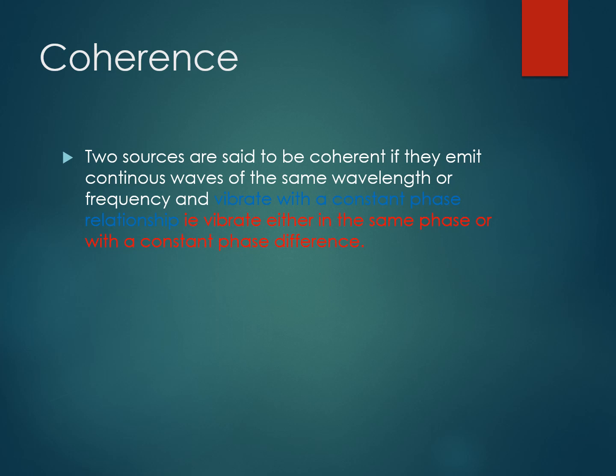That is, if there is initially a certain phase difference between the two waves, they should maintain that phase difference even after traveling any distance. So the important point is: vibrate with a constant phase relationship. It means they should vibrate either in the same phase or with a constant phase difference.